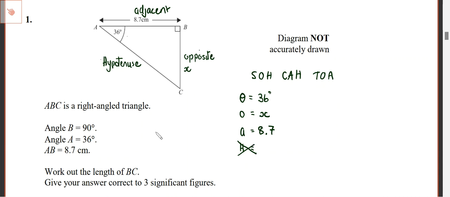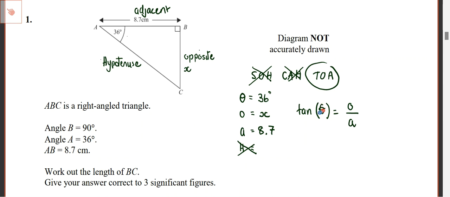Now what I do is I take the fact that I have eliminated h from my question and I go up to my ratios and any one of those three with a h in it is not going to be relevant. So I am left with this one. And I write it out and I say tan of theta equals the opposite side divided by the adjacent side. I just write it out like that, so I remember. Okay?